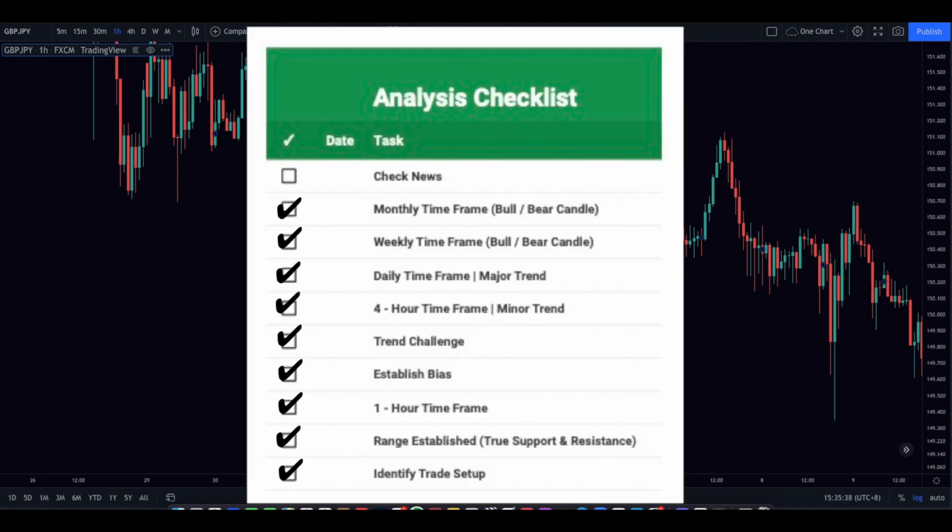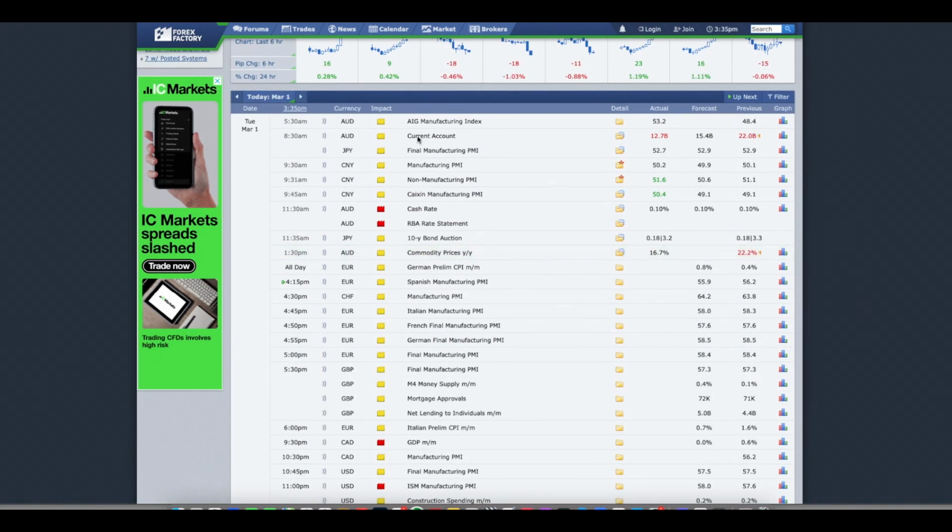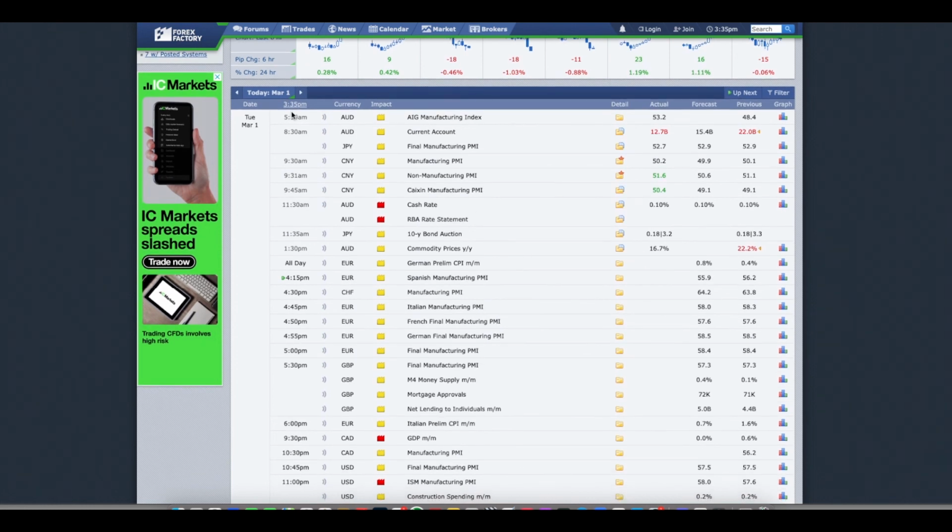Again, before you even get on to the monthly time frame and before you ever look at all of the different time frames, we come to check the news, forexfactory.com. As soon as we get here, it'll have the calendar for today's events.